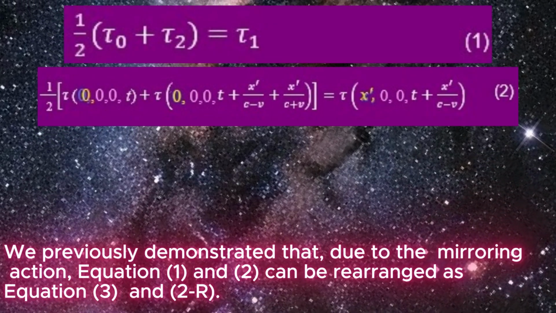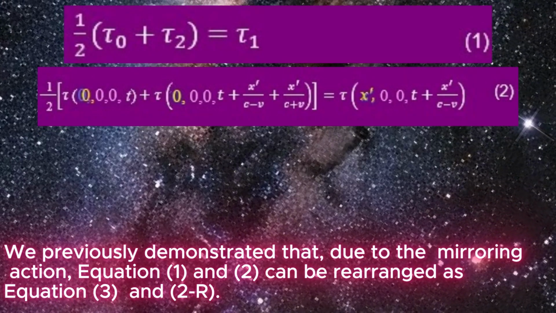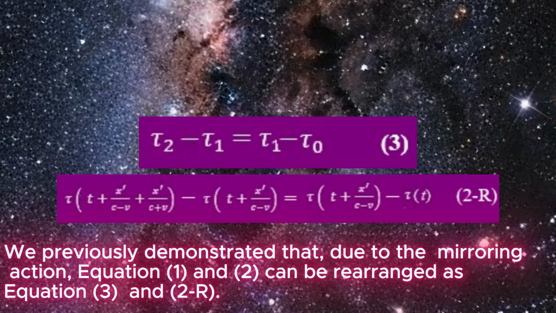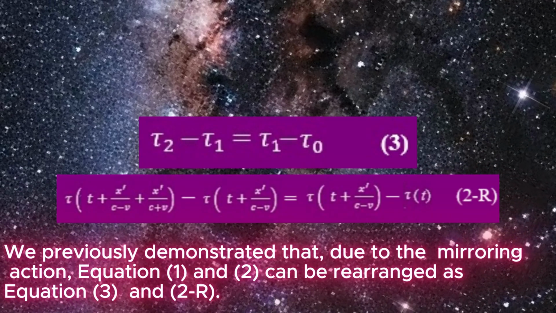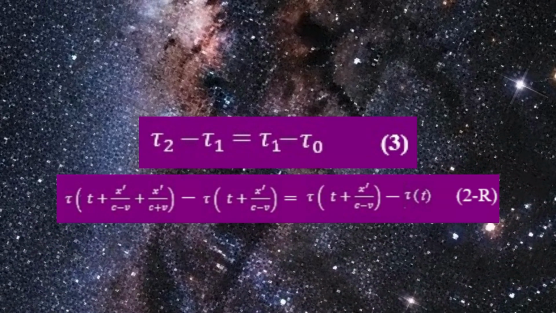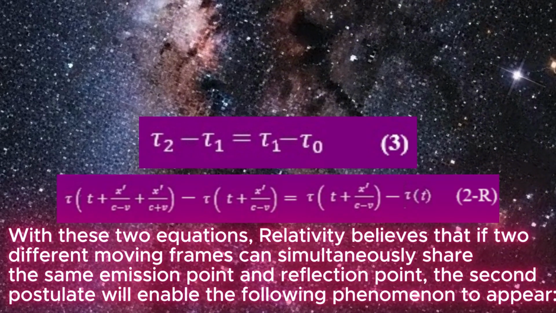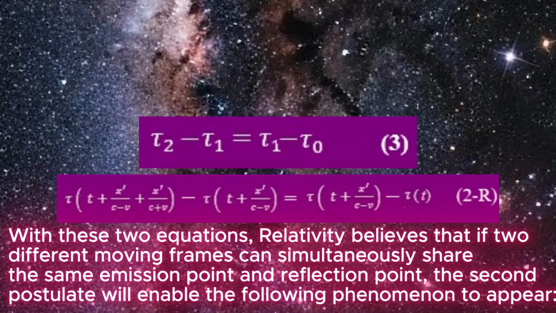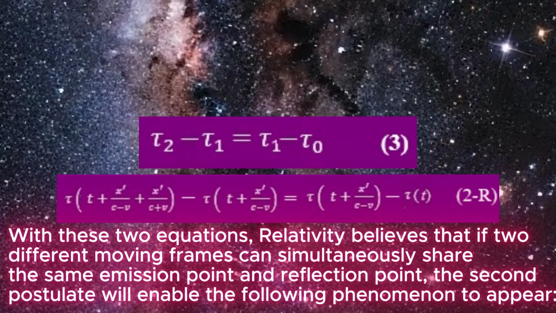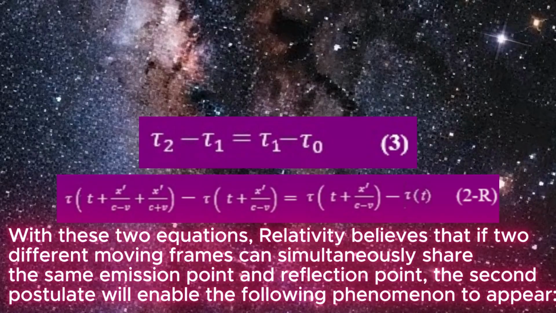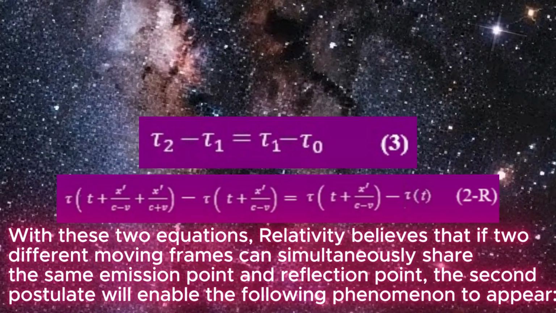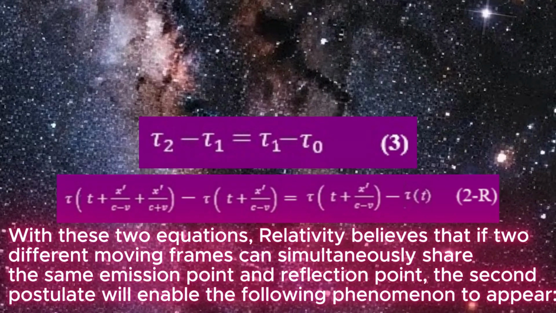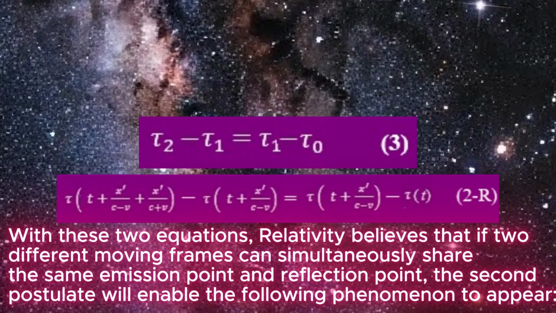We previously demonstrated that due to the mirroring action, equations 1 and 2 can be rearranged as equations 3 and 2 are. With these two equations, relativity believes that if two different moving frames can simultaneously share the same emission point and reflection point, the second postulate will enable the following phenomenon to appear.